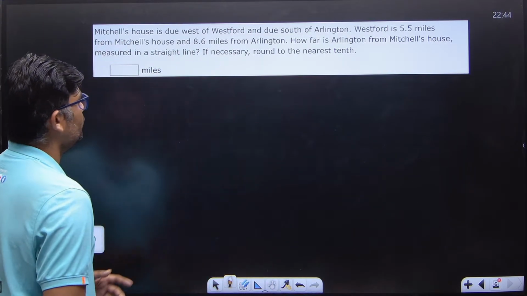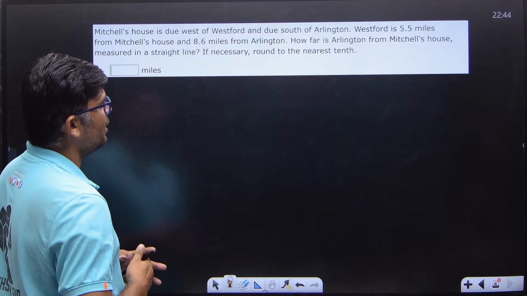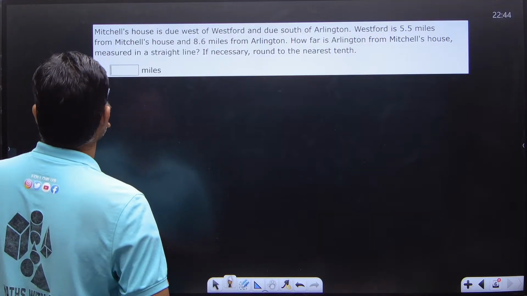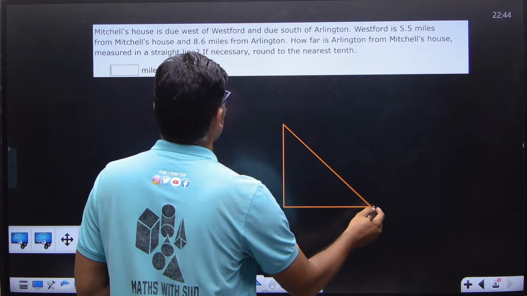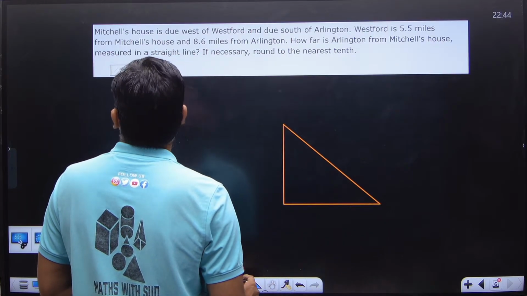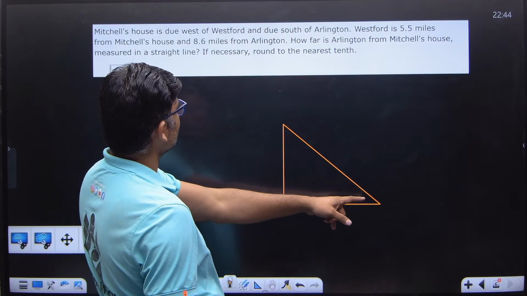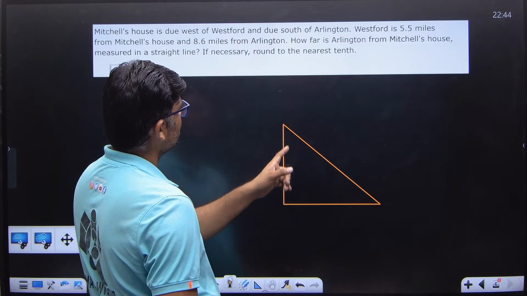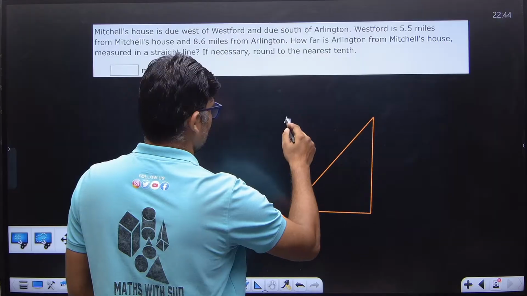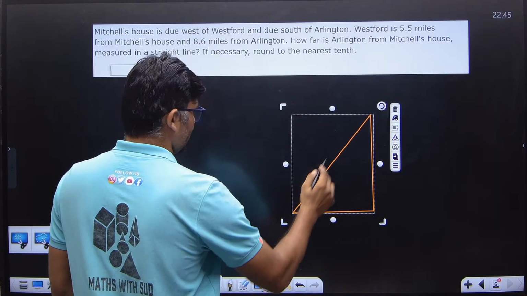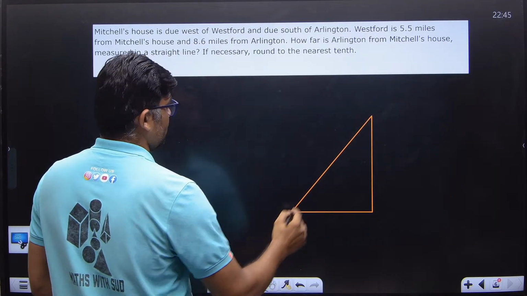Mitchell's house is due west of Westford and due south of Arlington. Westford is 5.5 miles from Mitchell's house. So I think 6.61.